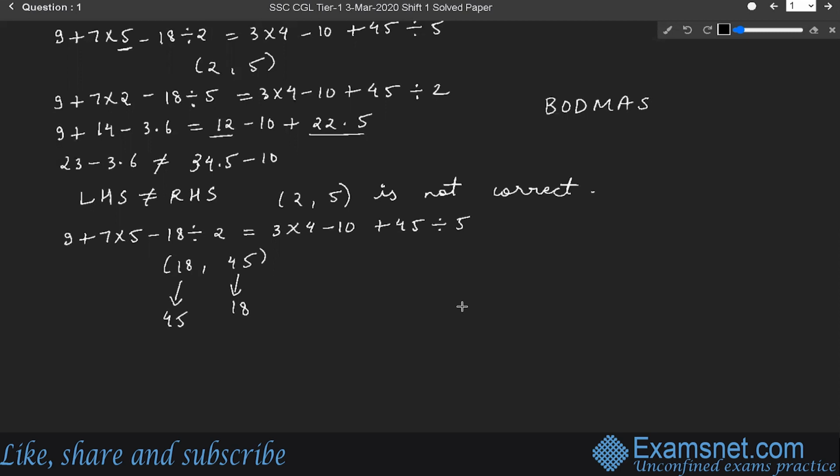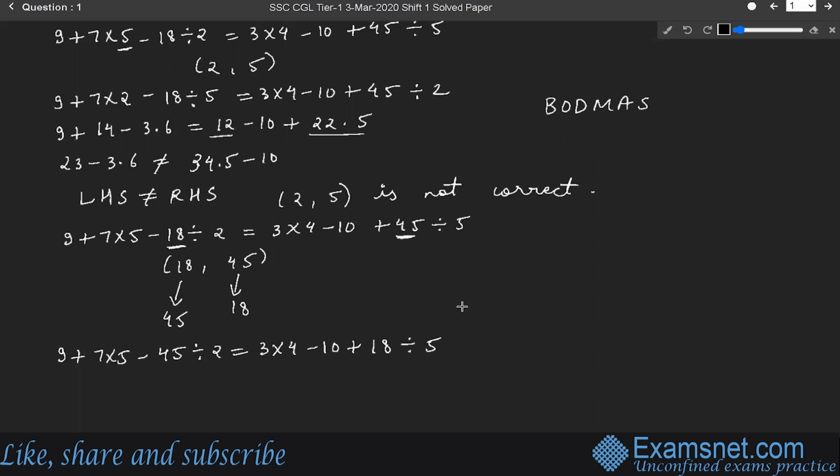Okay. So interchanging the values here, it becomes 9 plus 7 into 5 minus 18. In the place of 18, we have to write 45 divided by 2. It is equals to 3 into 4 minus 10 plus 45 divided by. So in the place of 45, we have to write 18. So it will be 18 divided by 5.